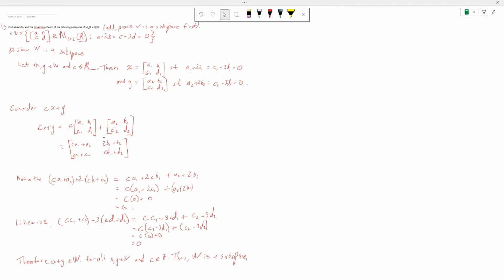The next thing that we are going to do is create a set S such that S is a basis for W. Now, to create this set S, I typically follow 3 steps.